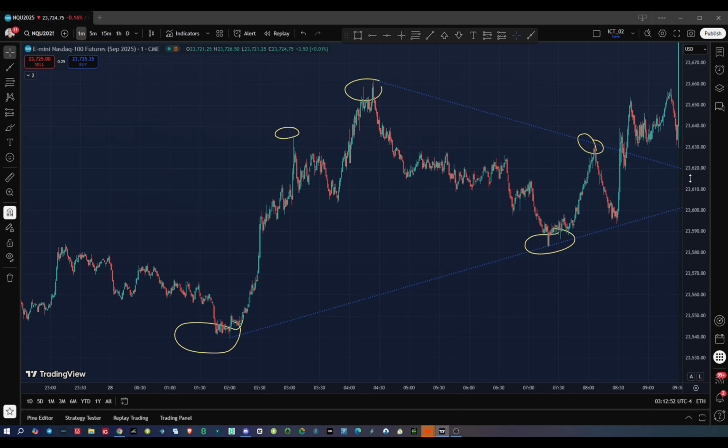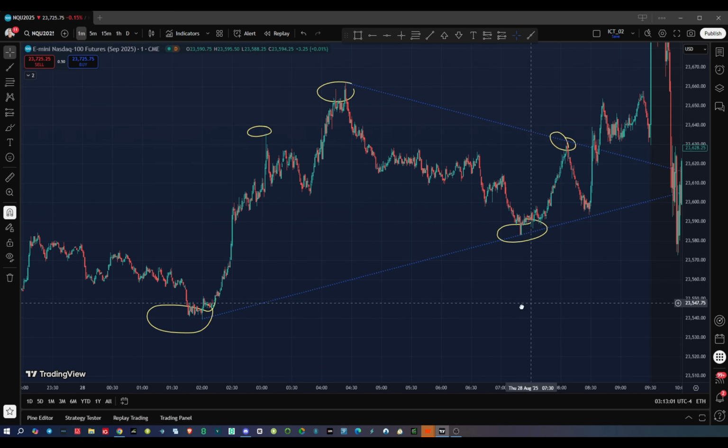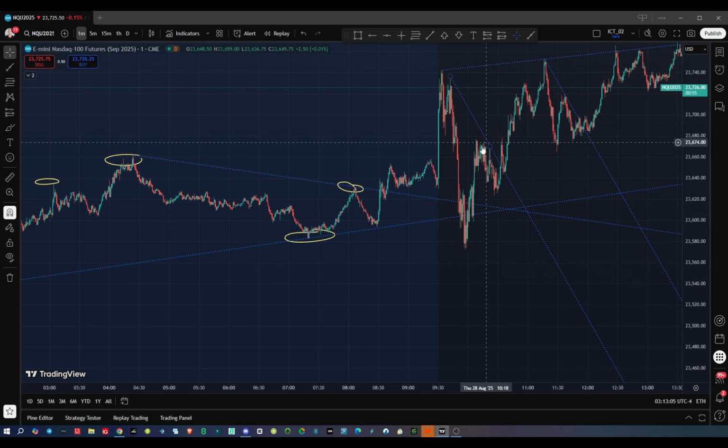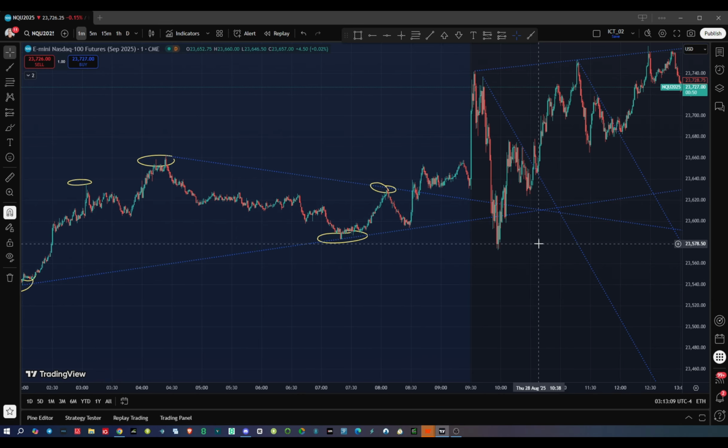The time I'm also looking at here is the extended trading hours. This is the London session, and this would be the New York session. You can see the volatility increased, so the whole approach is going to be different. You need to be aware of the amount of stop loss you're going to use in the extended trading hours versus the US session.